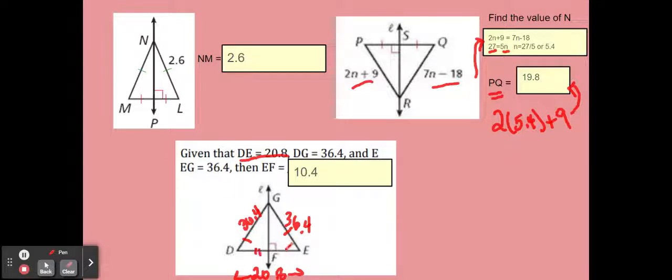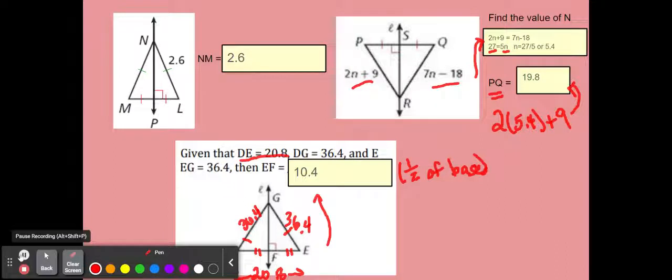So that means the base here, DF, has to be equal to FE since it bisects it. So if they have to be equal to each other, then EF is half of the whole base, and half of 20.8 is 10.4, since it was on the perpendicular bisector. All right, and again, feel free to pause this video if you need to go look at your notes or fix something up.